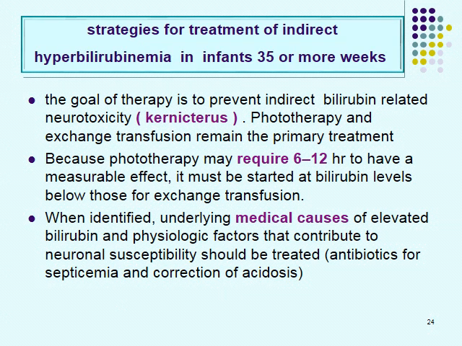Now, the strategies for treatment of indirect hyperbilirubinemia in infants of 35 weeks or more of gestation. The goal of therapy is to prevent kernicterus. Because phototherapy may require 6 to 12 hours to have measurable effect, it must be started at a bilirubin level below the level for exchange transfusion.